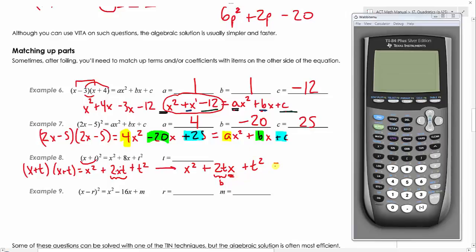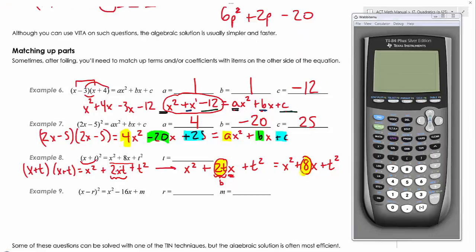So when I write the other side of the equation, that they gave me originally, I should be able to see that this 2t and this 8 are both my b's. They are the matchup here. The 2t and the 8 match up.